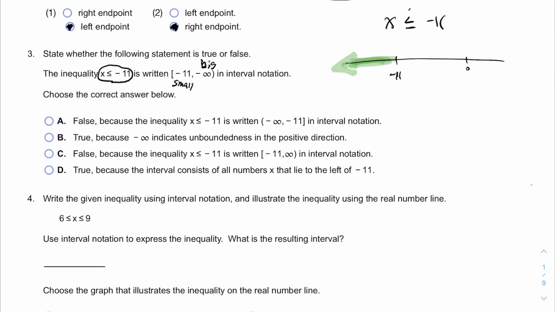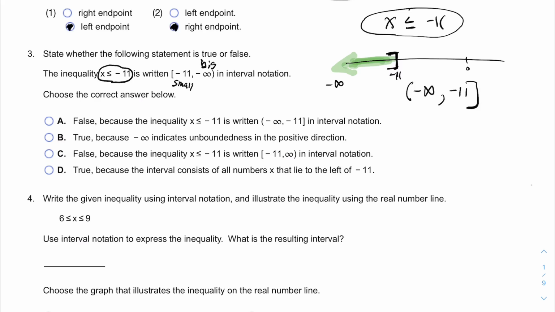And because it's equal, it's going to be closed. Bracket. Now, if we're going forever to the left, that's negative infinity, and that is always open. So that tells us that this inequality, written in interval notation, would just be from negative infinity up to negative 11, and it's closed on the right-hand side.